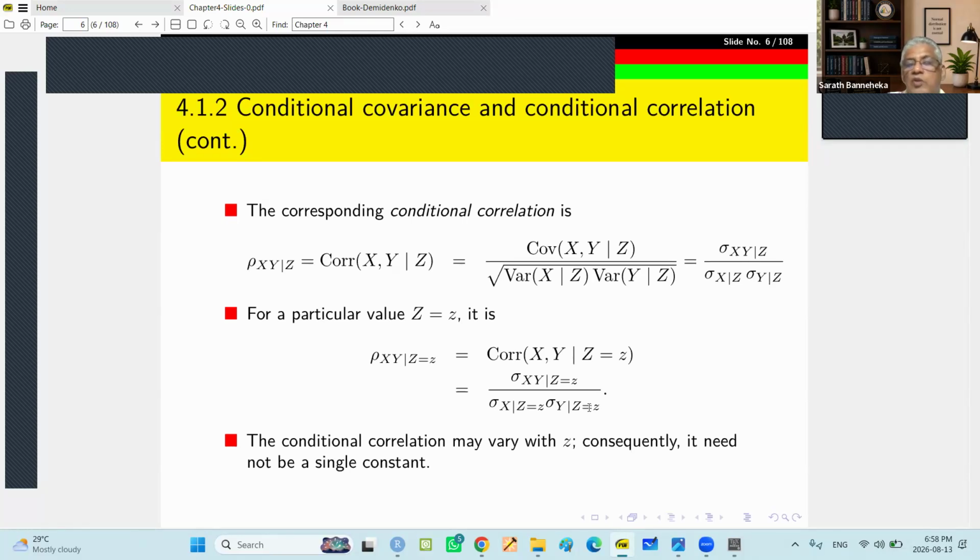So in that case, it will be a function of simple z. So the conditional correlation may vary with simple z in general. Consequently, it need not be a single constant. So that is understood, and we have seen this kind of situation in the previous examples when we were looking at conditional expectation, conditional variance, and so on as well.